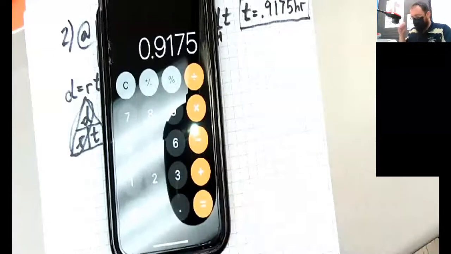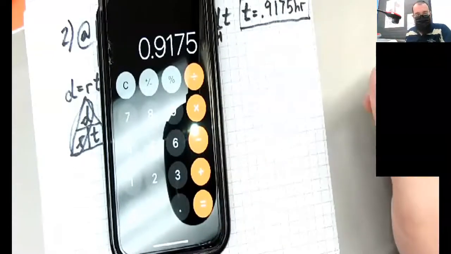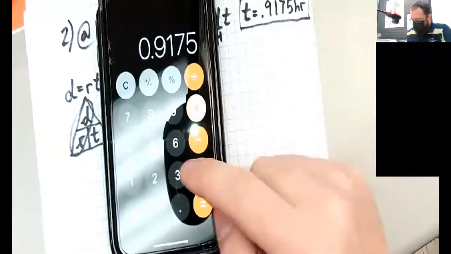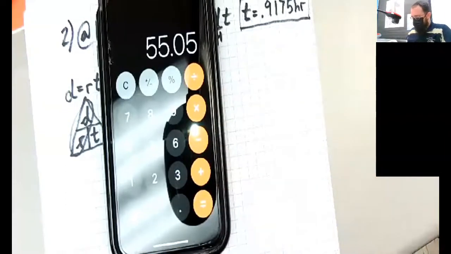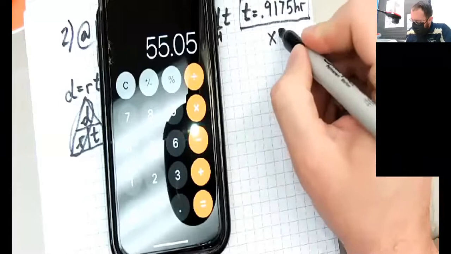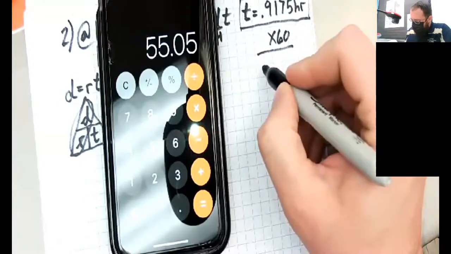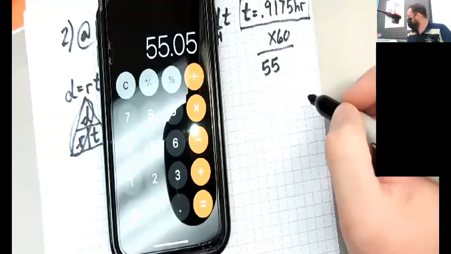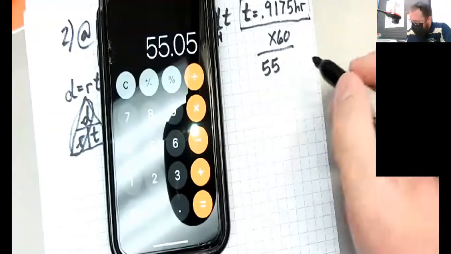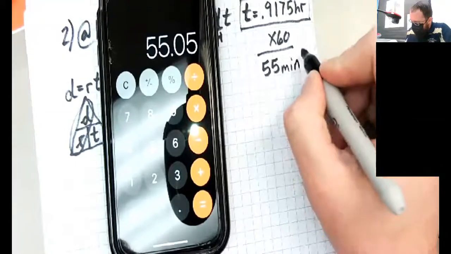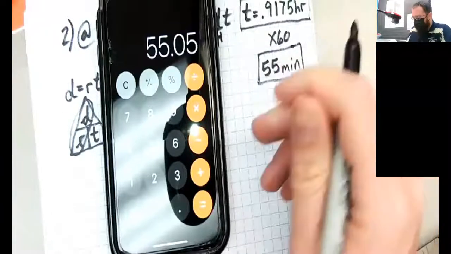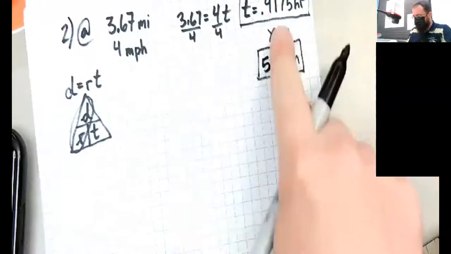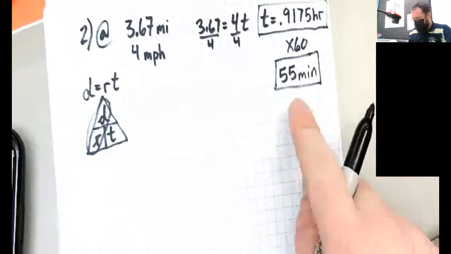See what I'm saying about having a number in mind? We know that it should be close to 60 as an answer. So times 60 would get us 55.05. And they said to round to the nearest minute. So minutes. All right, and that's showing work right there. This part right here is showing work.